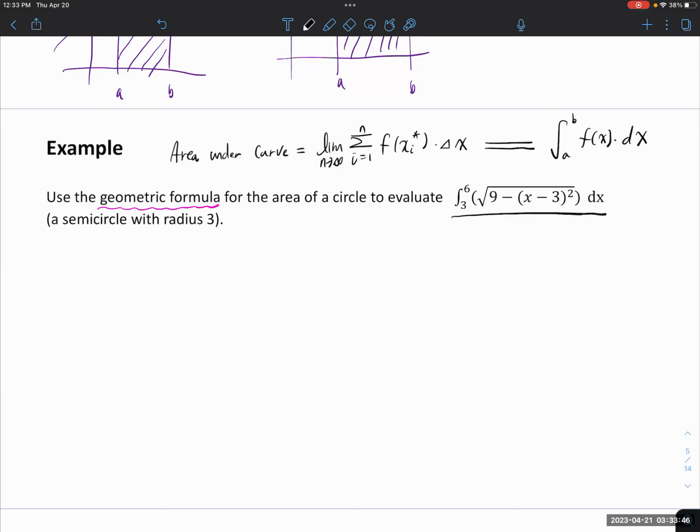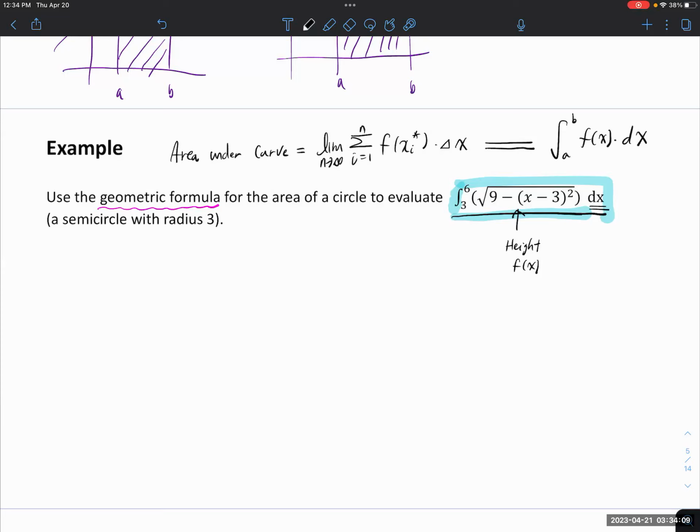So let's analyze it. We have a given function here, and they're using the integral. This is the function, which is going to be the height, corresponding to f of x, and there is an equal length dx.